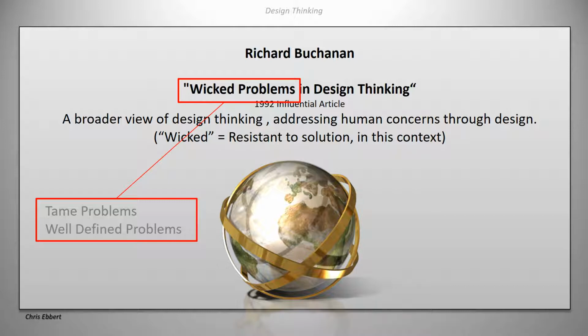A tame problem is a problem that people have solved before, and if you can solve it in the same way, you're a good person. It's relatively easy because you just need to learn how to do it. A wicked problem is a problem that nobody has solved before, and that is so badly defined that you don't even know what exactly it consists of. This is the kind of problem that we're all facing in life, in business, in whatever. And design thinking can be pretty good at helping you get through that.